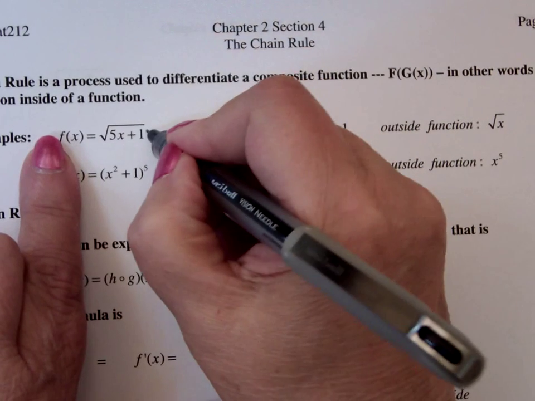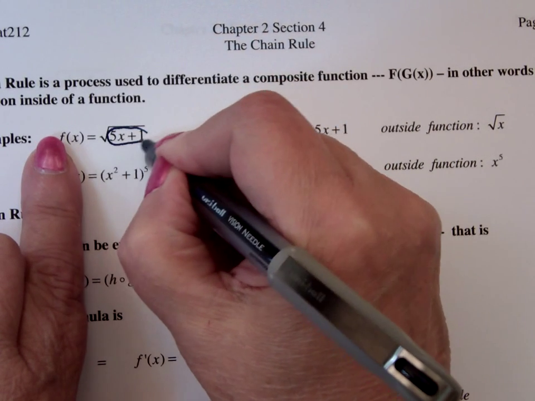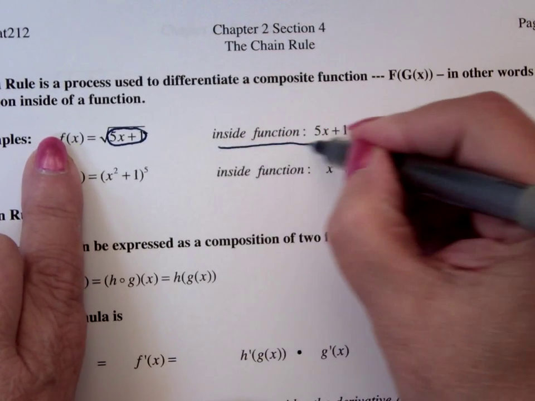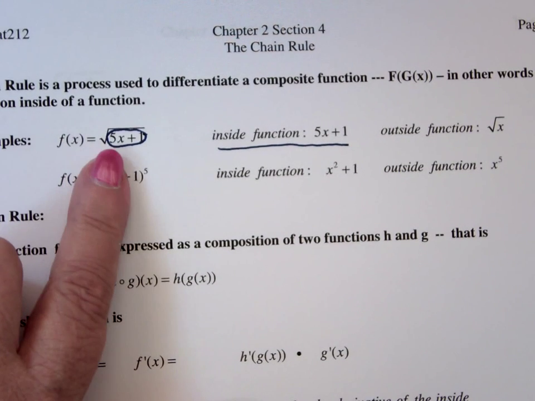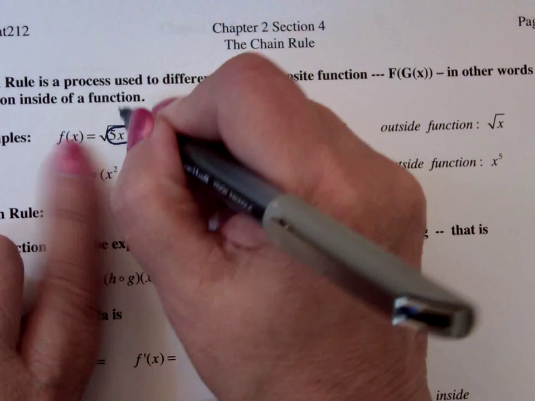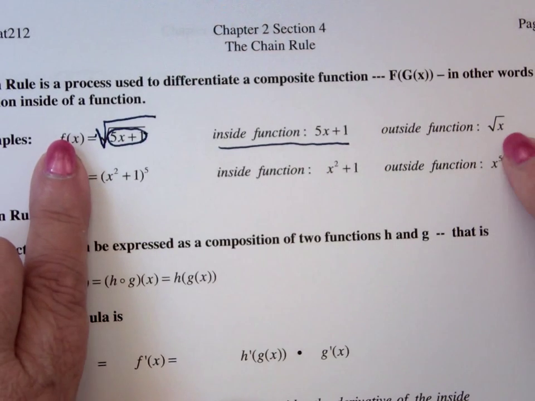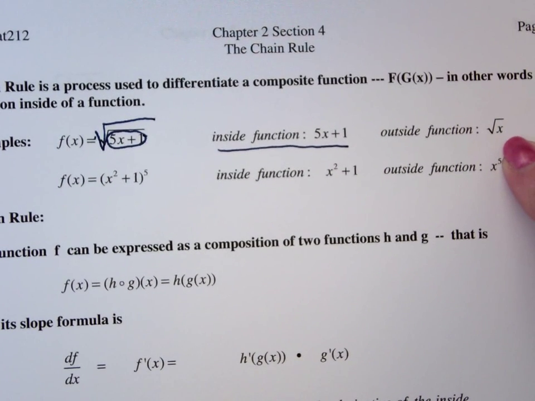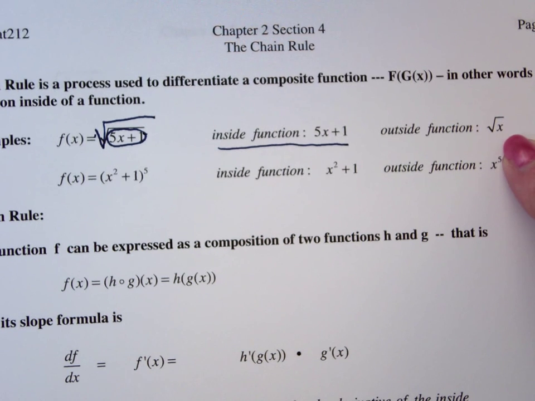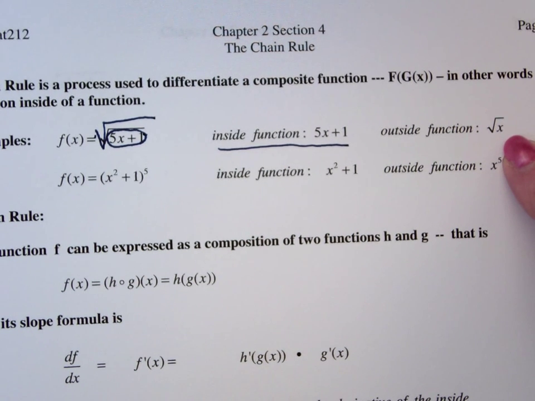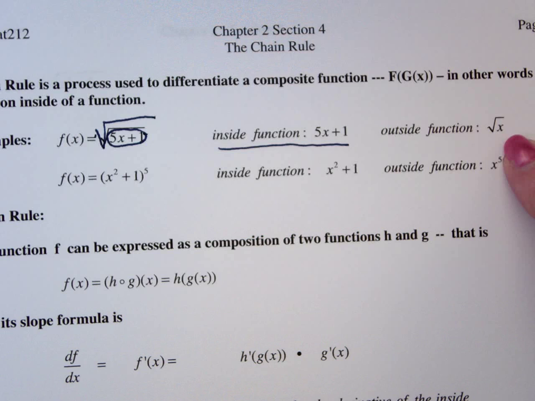You have an inside function, which is 5x plus 1, and you have an outside function, which is the square root. This is a function that's comprised of two functions. It's a composite function.